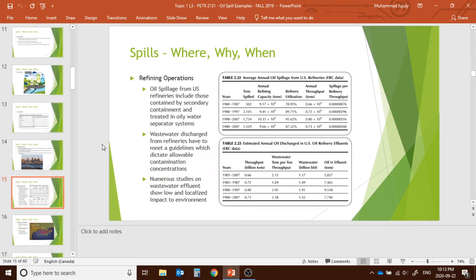But you will see the percentage is very, very low. Spillage per refinery is very low data, but still it is a number, but the percentage is very low. So you can go through these numbers and have a better idea.